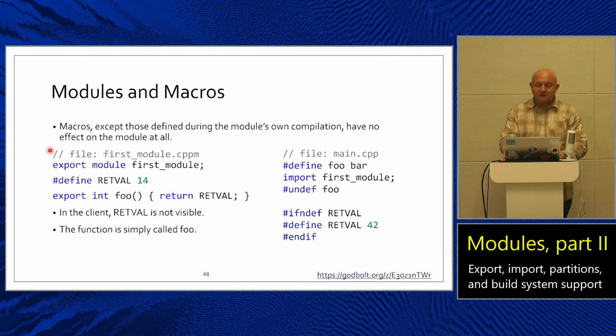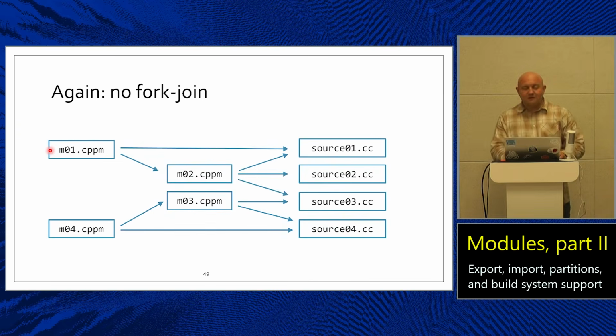Okay. So a very important consequence of this design is that the fork-join point, that messy intersection of dependencies, simply disappears. In this diagram, the blue arrows represent dependency paths, and you can think of them as export dependencies. Module 2 depends on Module 1 through an import. That's fine.